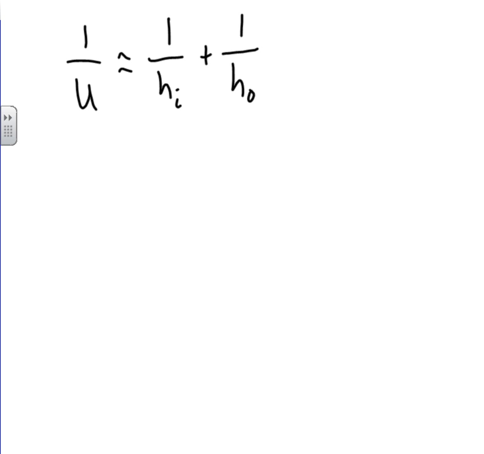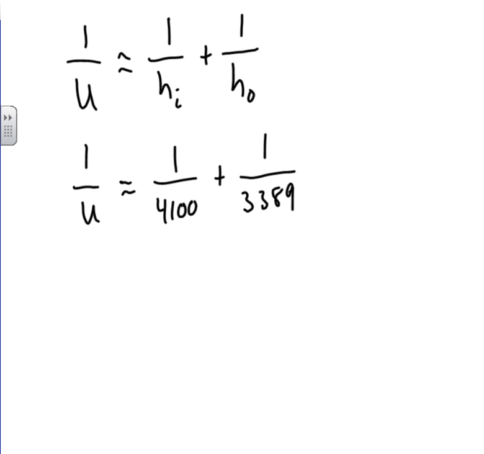So we'll plug in: 1 over U approximately 1 over 4,100 plus 1 over 3,389. We go ahead and solve this.